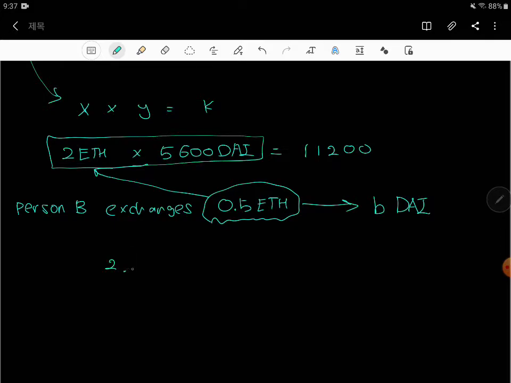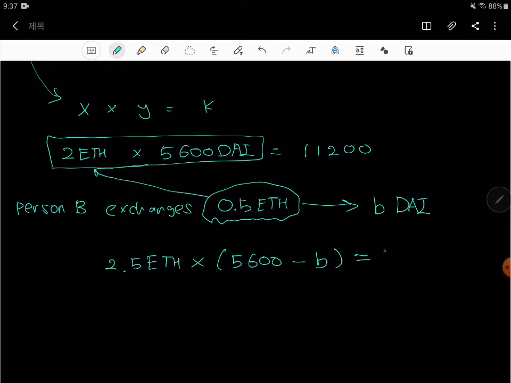So 2.5 ether exists in the pool right now, because he added 0.5 to the 2 ether, and multiplied by 5,600 DAI minus B number of DAI, because B number of DAI goes to the person B because he is exchanging 0.5 ether with DAI.